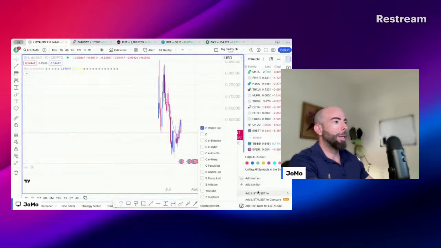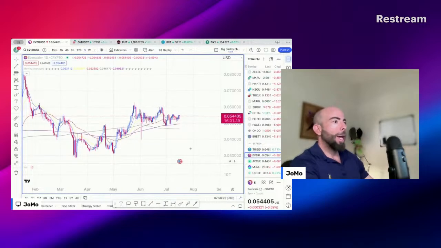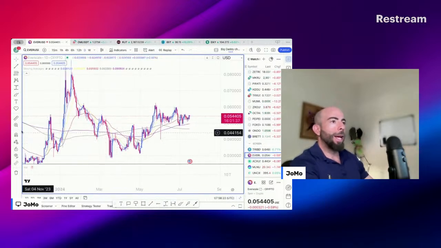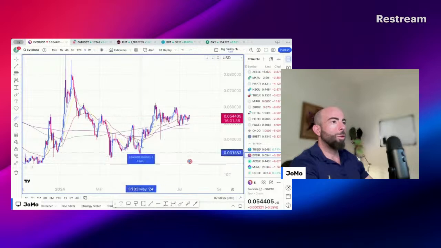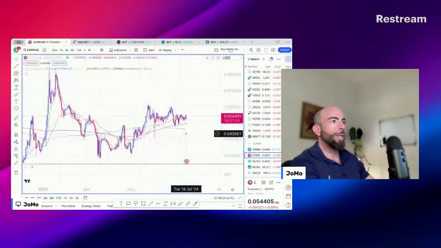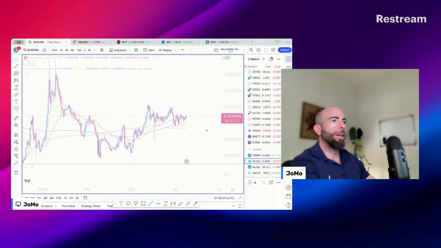I'm going to take this, remove it from my watch list and add it to my Binance list. You can see I have lists of all the exchanges. Let's see how much it moved. 90% moving sideways. All right, let's keep it on the watch list and dive deeper into this name later.